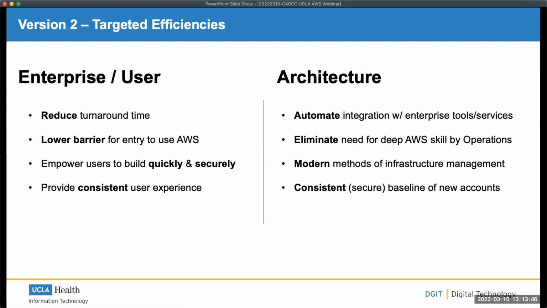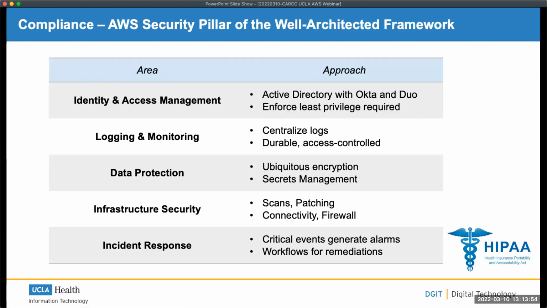And again, doing it in a way that is consistent and secure, eliminating that kind of room for too much manual error. And of course, because everything is guided by HIPAA in what we were trying to do, we found that leveraging the AWS security pillar of the well-architected framework helped us really reach that level of compliance that we were looking for.